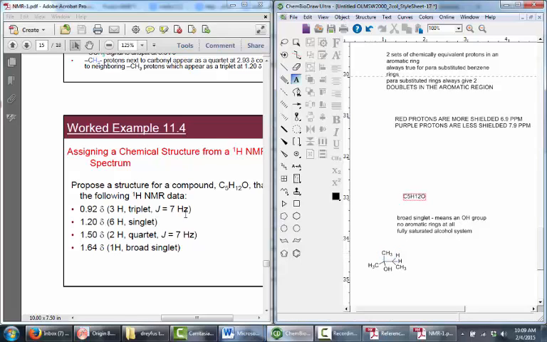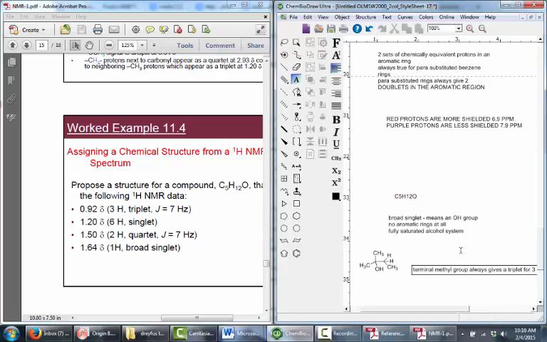Okay, so now I have a triplet that corresponds to 3 H's. So that's this. A terminal methyl group always gives a triplet for 3 H's, or if it's attached to a CH2, right? So not exactly, not always.